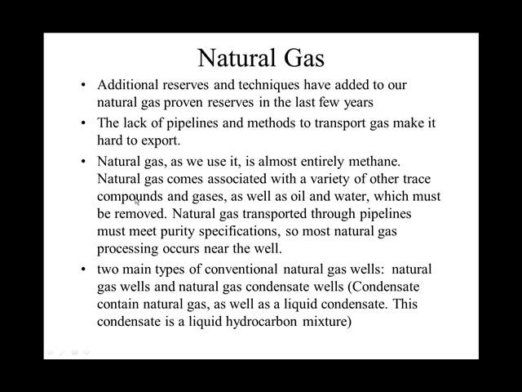With natural gas, again, now we're moving from liquid to gas. You have to take into account that because you're moving a very volatile material, there are not a lot of methods and systems in place that will help to promote that. Because of that, gas exports do occur, but they're very limited compared to oil and coal.